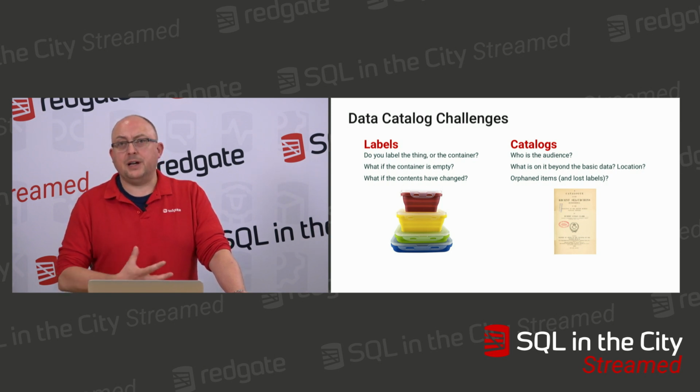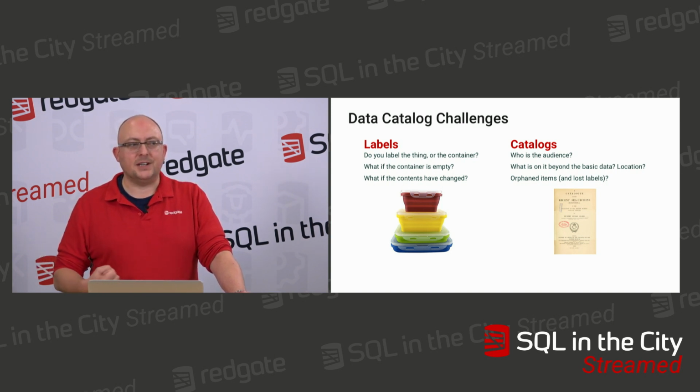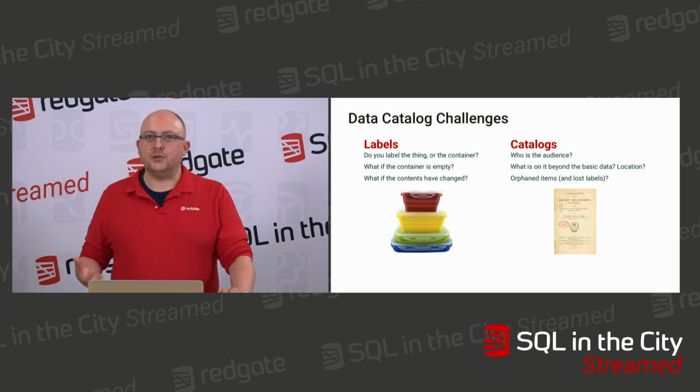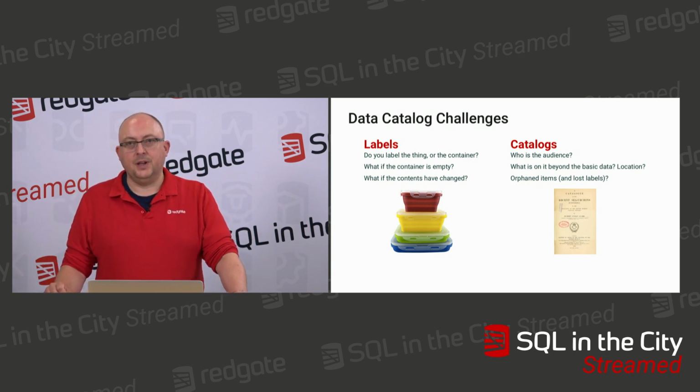If we're talking about increasing the amount of metadata, information about information that we're storing, is that a label? At what point does that become a catalog? At what point does that become a resource in itself that we need to manage? And what else do we want to put in the catalog? Do we just want to label our production systems and try to make sure they stay labeled?